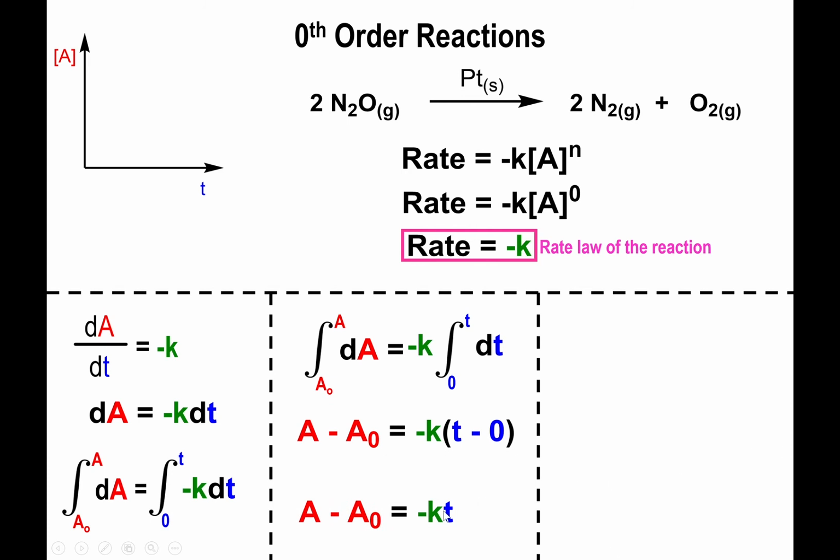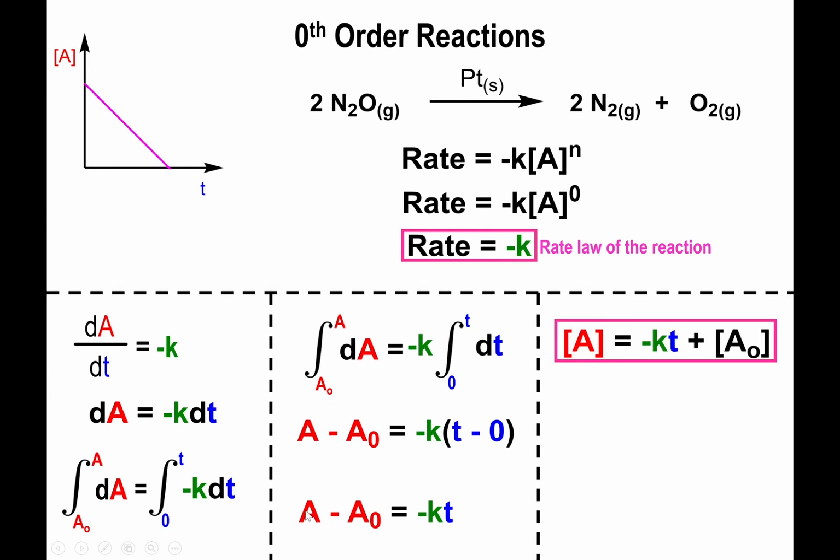And so now we have a pretty simple equation that correlates the final concentration, right? So if we solve for the final concentration, we end up with a new equation right here, an equation that tells you that the concentration of A changes over time, and it depends on what the initial value is, right?